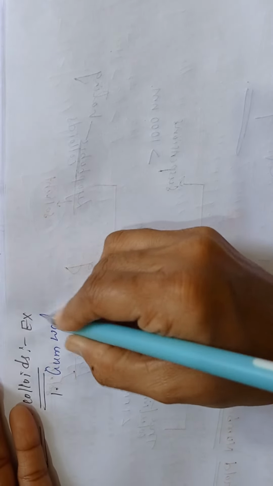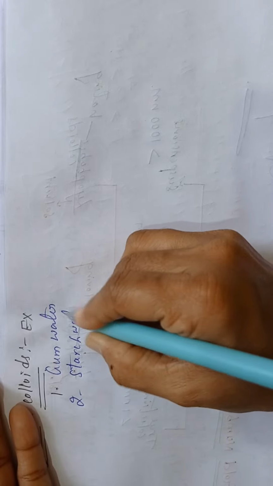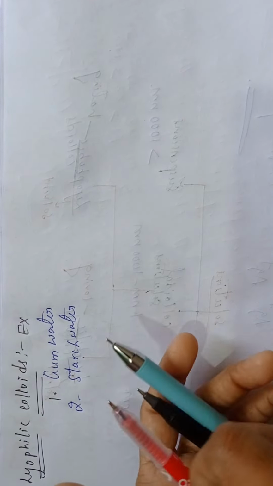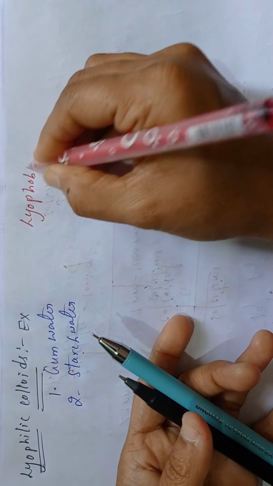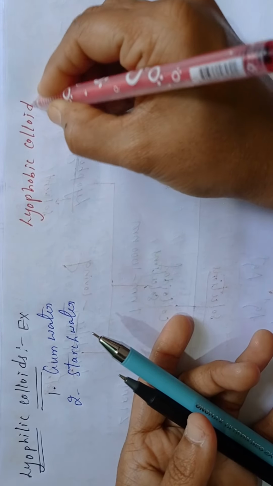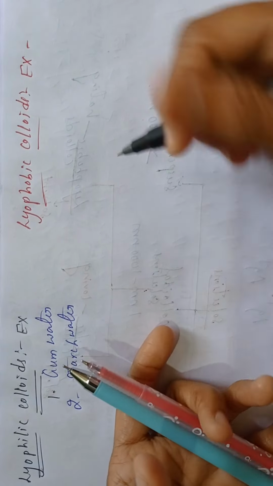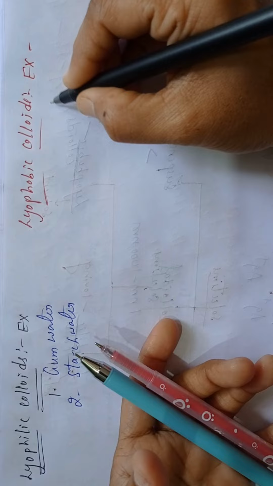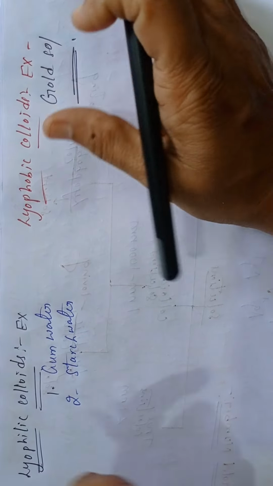Gum water, and next, starch water. Lyophobic colloids. Example, students, gold sol. We can take gold sol as an example, students.